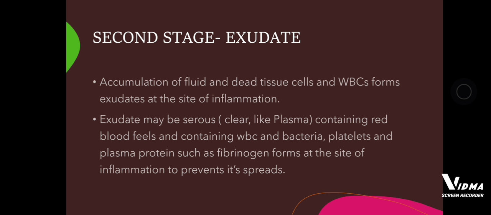What will WBC do? First the monocytes and neutrophils destroy the microorganism, and it forms the exudate, meaning clear plasma, you can say clear fluid. It will pass and form in the infected area. Exudate may be serous, like clear plasma, containing red blood cells, WBC, bacteria, platelets and plasma protein such as fibrinogen, which forms at the site of inflammation to prevent its spread.